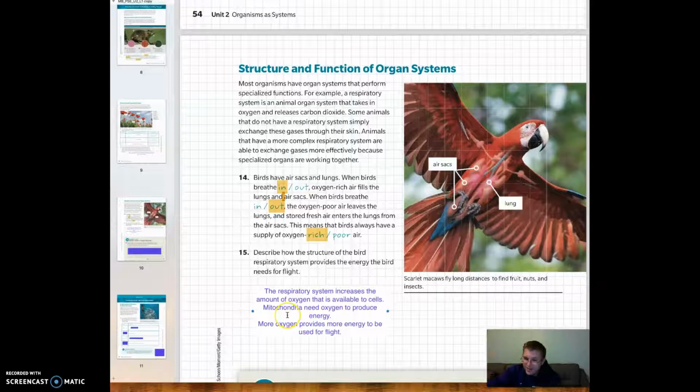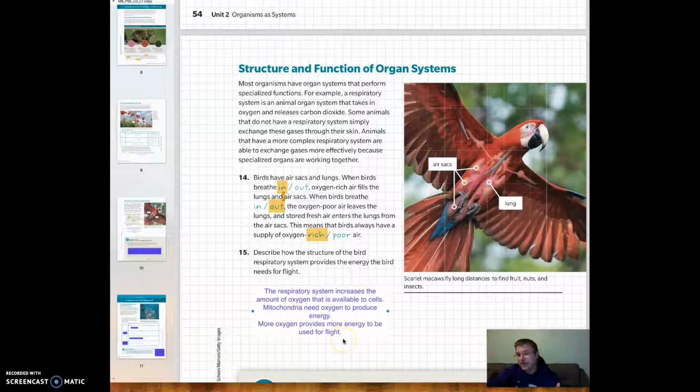We haven't really talked about cellular respiration yet, but oxygen is necessary to produce energy in the mitochondria. This is why you have to breathe, actually. This is why an animal dies when it suffocates. It's because it doesn't have oxygen to the mitochondria, therefore it doesn't have enough energy. Okay, but in this situation, more oxygen provides more energy to be used for flight.